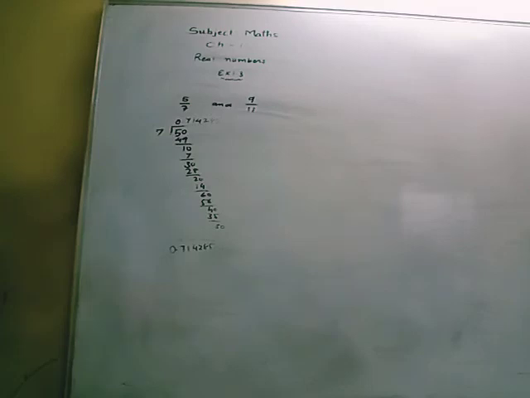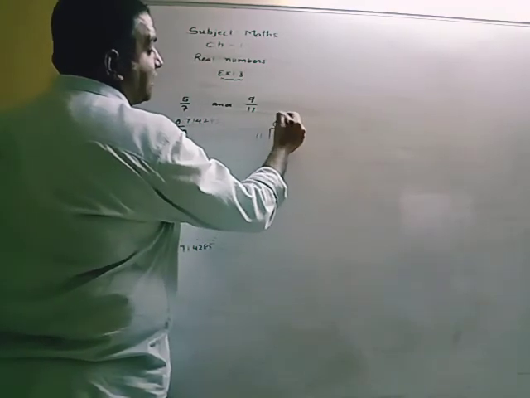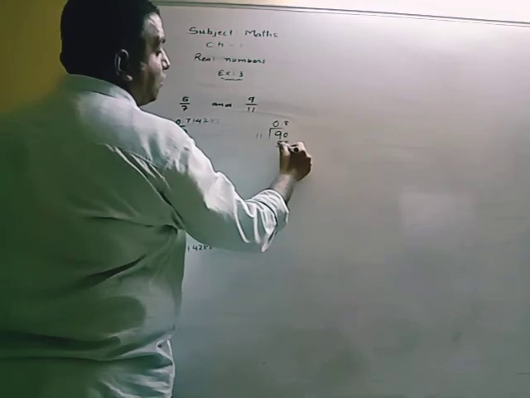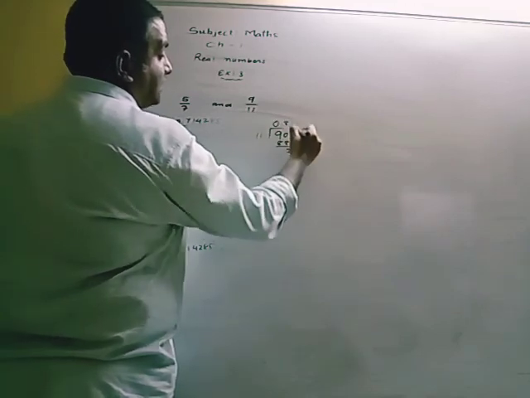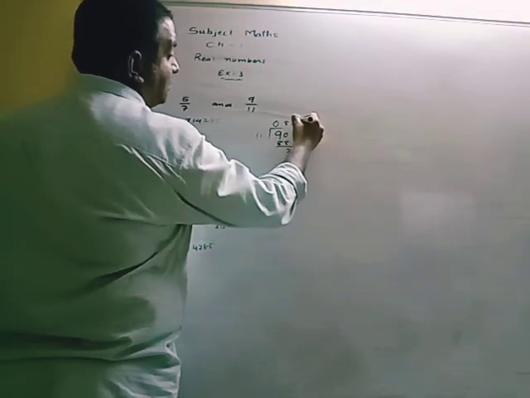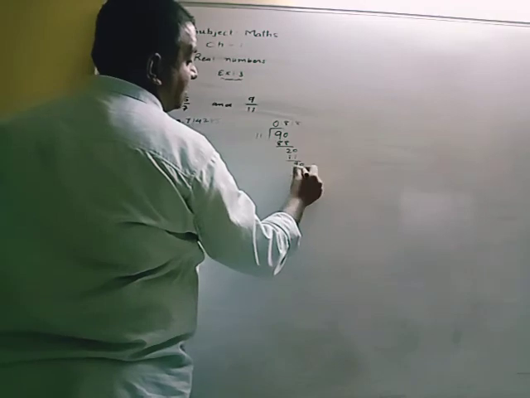Now 9 by 11, decimal form. 9 divided by 11, zeros are 0, 11 8s are 88, 2 0, 11 1s are 11, 9 0, 11 8s are 88, 2 0.